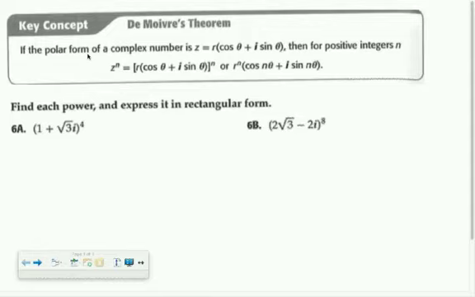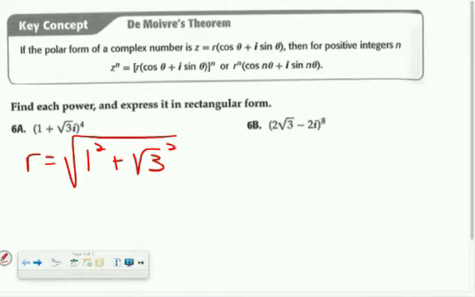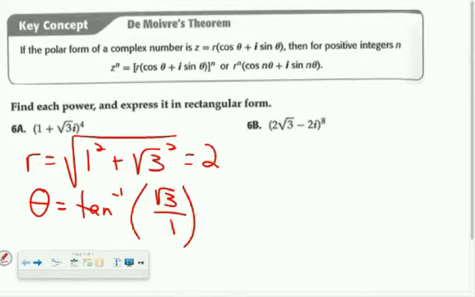Okay, so in example 6a, first thing I'm going to do is convert this rectangular complex number into complex polar form. So R equals the square root of 1 squared plus radical 3 squared. Well, radical 3 squared is just 3. 3 plus 1 is 4, and the square root of 4 is 2. So that's convenient. And for my theta, I know that equals the inverse tangent of radical 3 over 1.